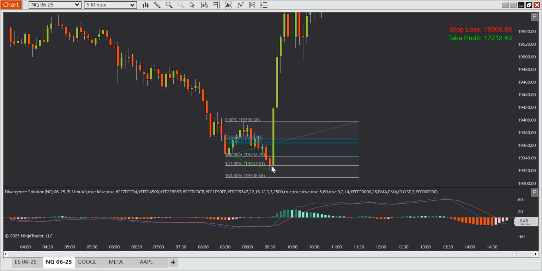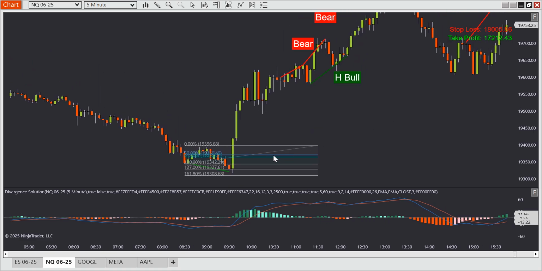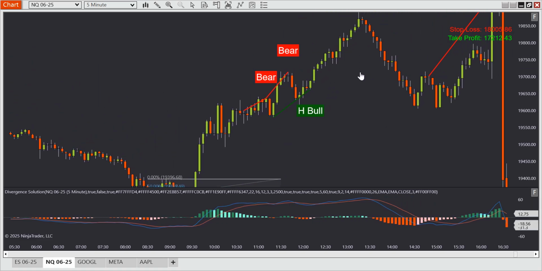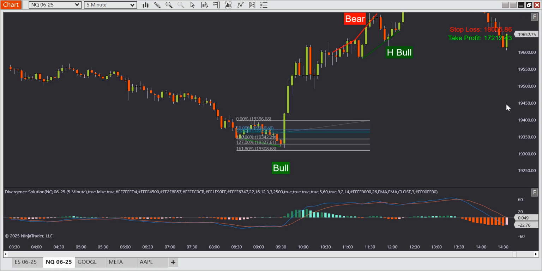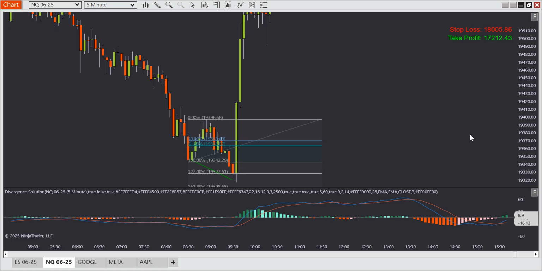You see it doesn't close below it, and it's respecting that 127 to 161.8 zone, with the divergence happening right here. To me, this is a sign of a stop run. The bullish divergence is picked up and just continues to fly up.